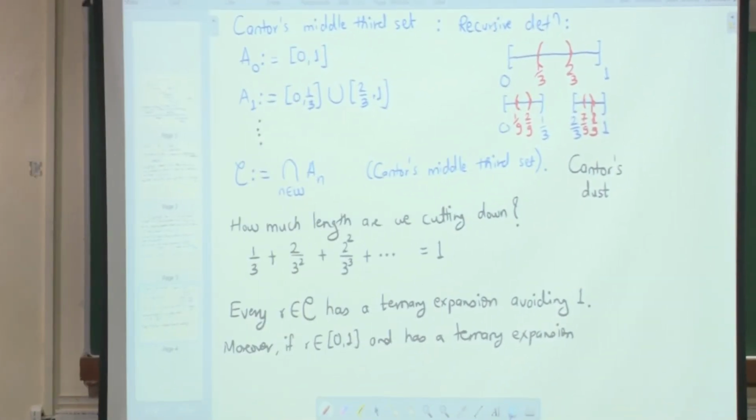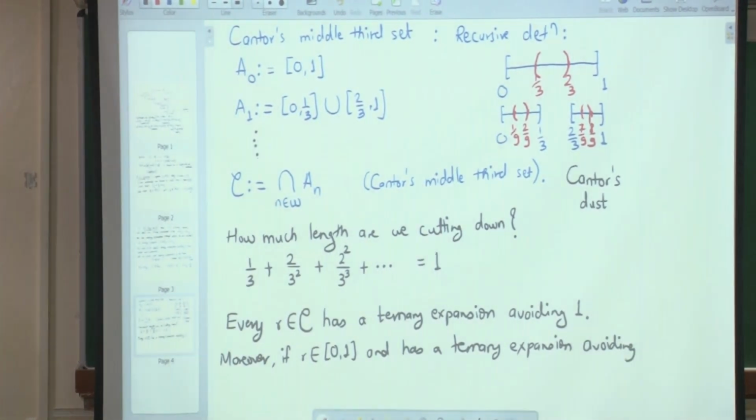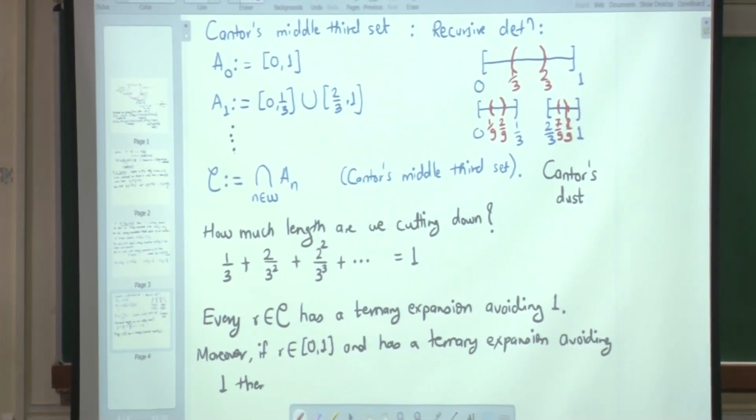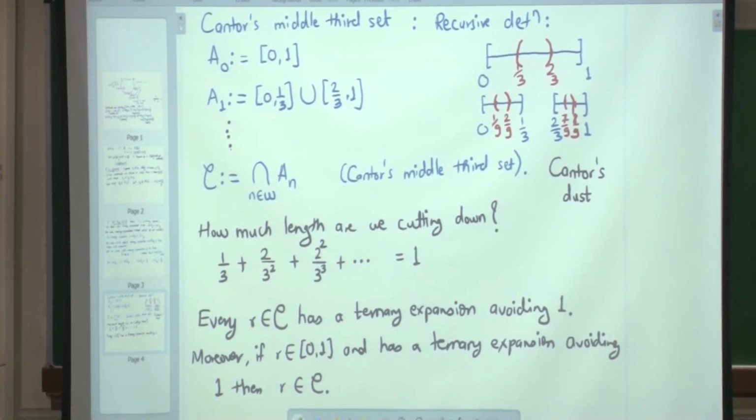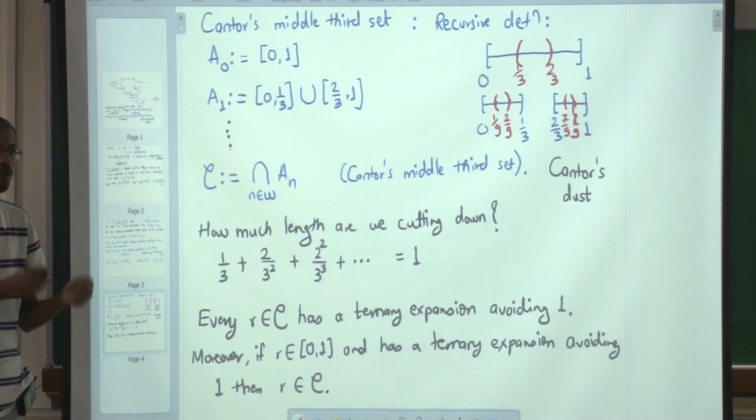And moreover, if R belongs to [0, 1] and has a ternary expansion avoiding 1, then R belongs to C. So Cantor's middle third set is precisely the set of all real numbers in the interval [0, 1] which have a ternary expansion avoiding 1.